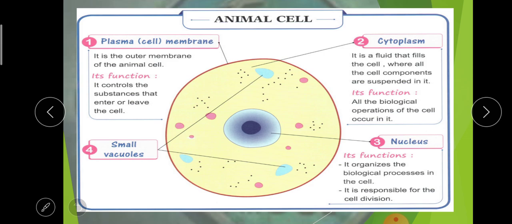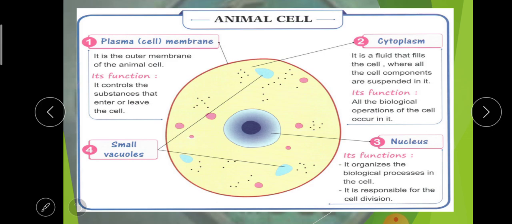So the animal cell has no cell wall because it has an indefinite shape, since the bones give the animal its definite shape.